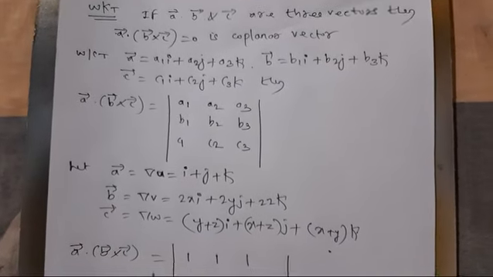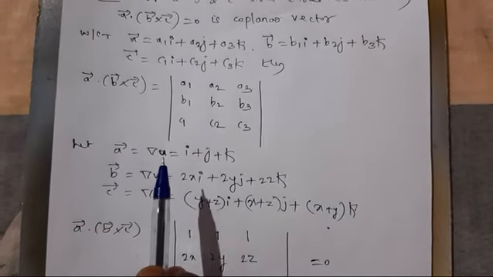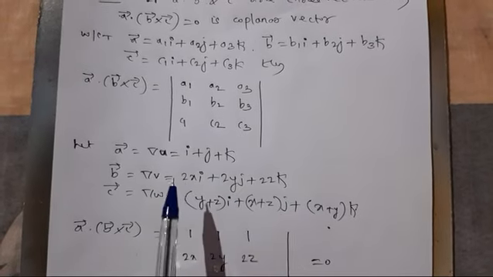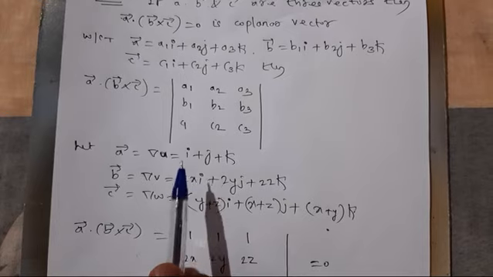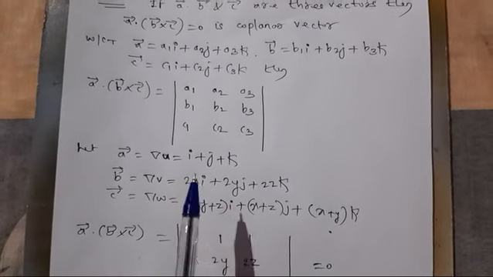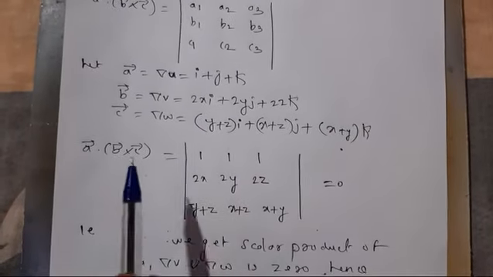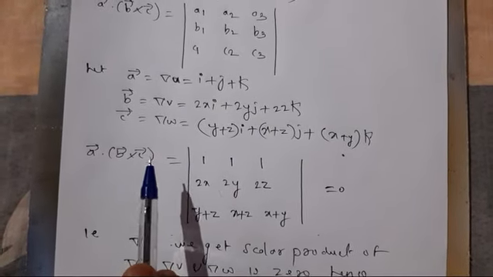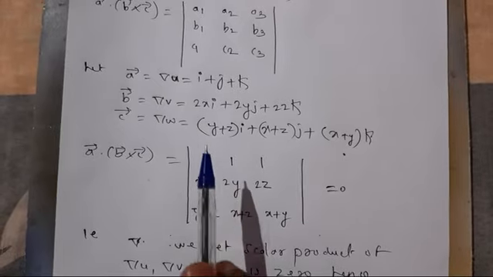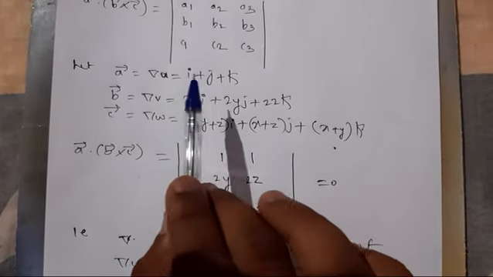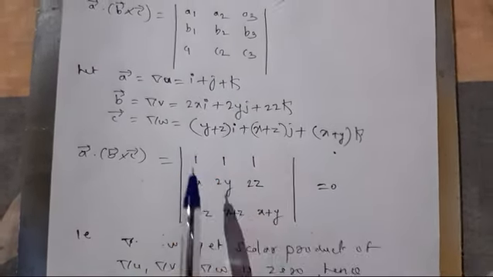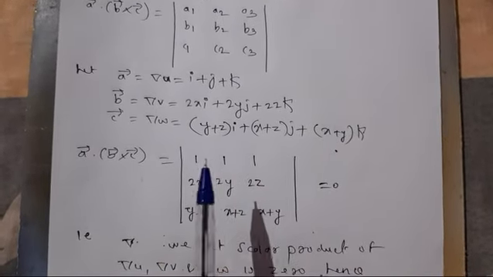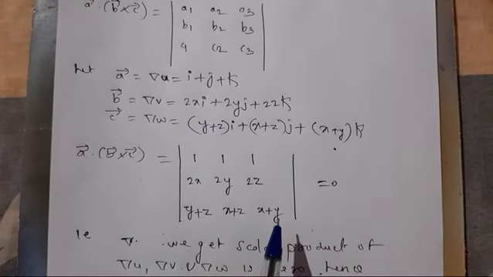So now I will prove gradient of u, gradient of v, and gradient of w are coplanar vectors. For that, I will find the scalar product of these three vectors. That is a dot b cross c equal to the determinant of the coefficients of i, j, k: 1, 1, 1; here the coefficients are 2x, 2y, 2z; and here y plus z, x plus z, and x plus y.